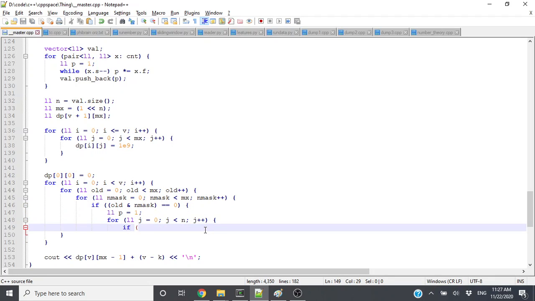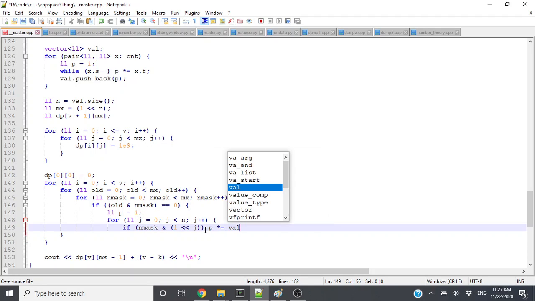If nmask and 2 to the j, p times equals val j.